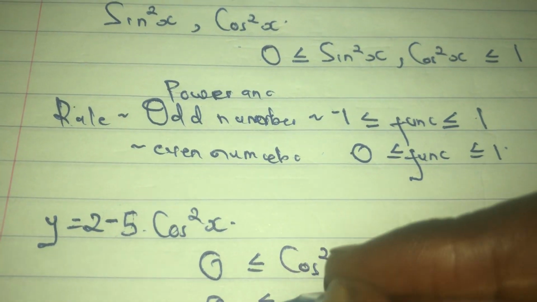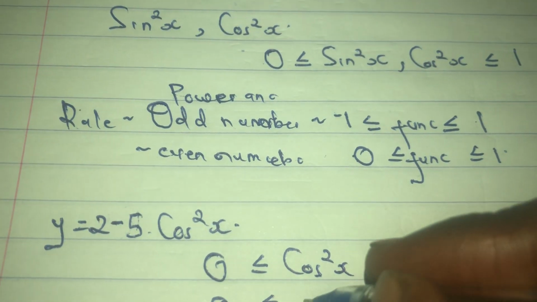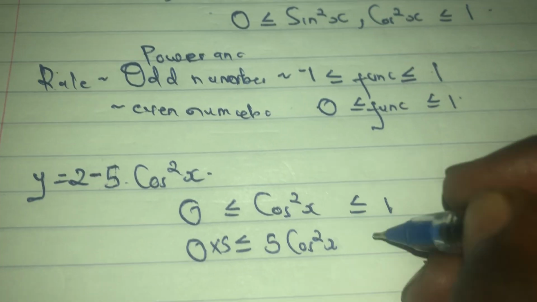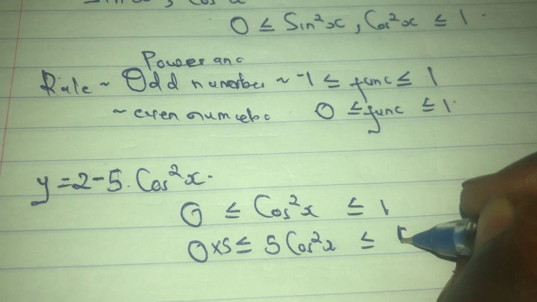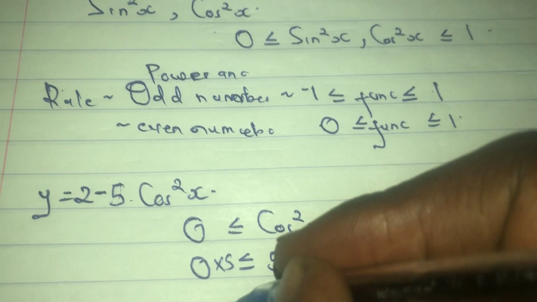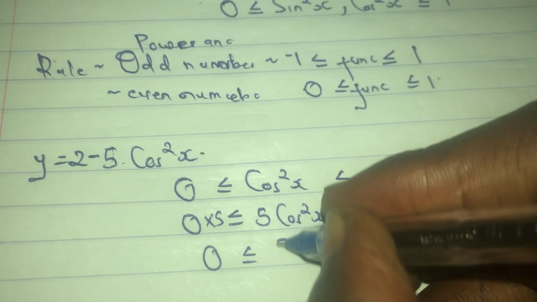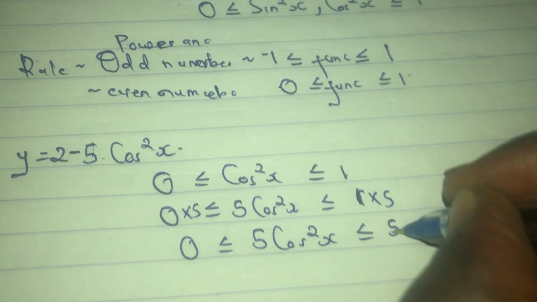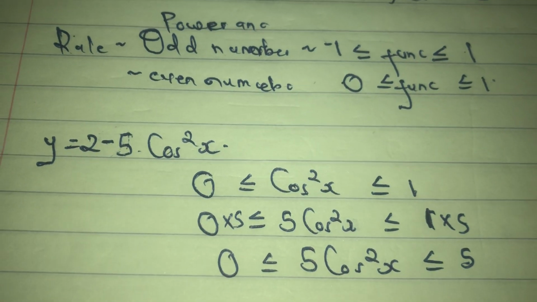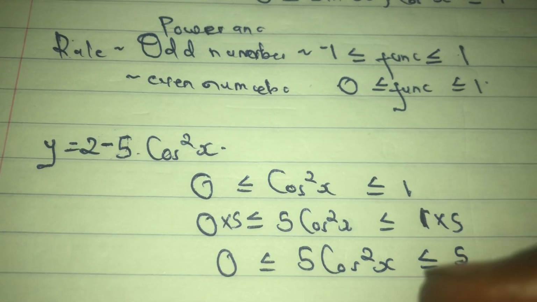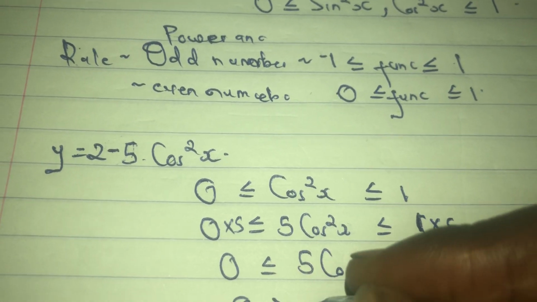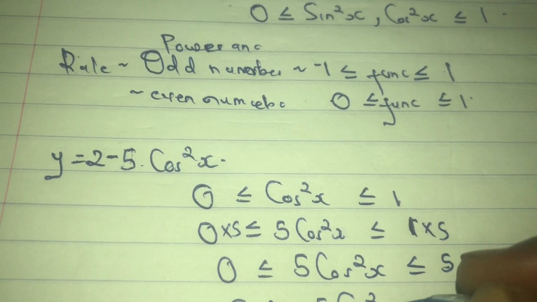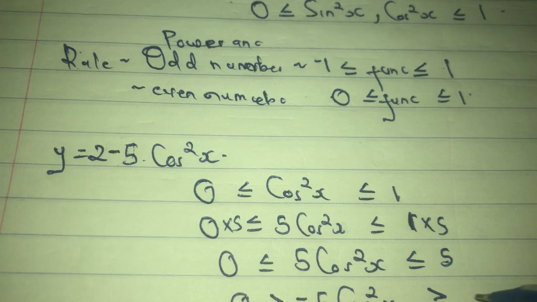So we first put the 5. When we put 5 cos squared x, that means we multiply 0 by 5 and 1 by 5. So this will be 0 to 5. But we have a negative. When we multiply or divide throughout by a negative, the signs will change.